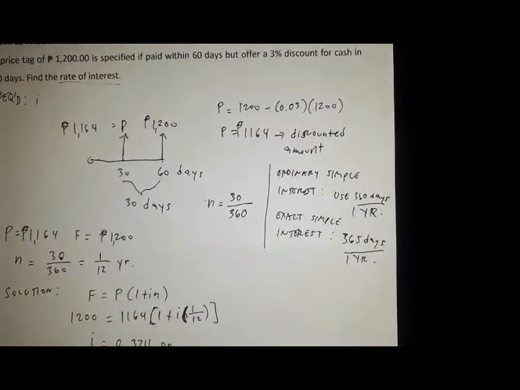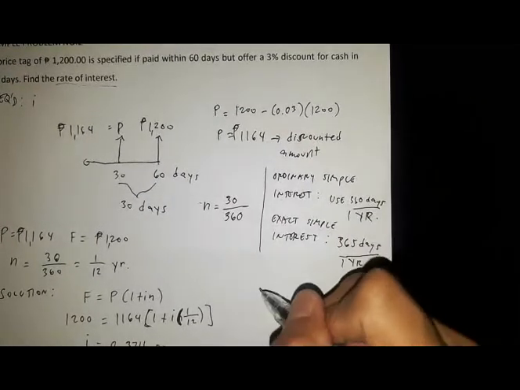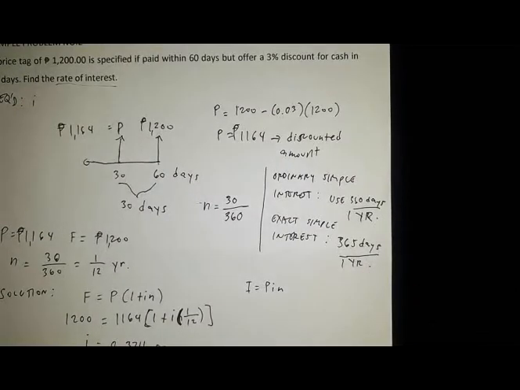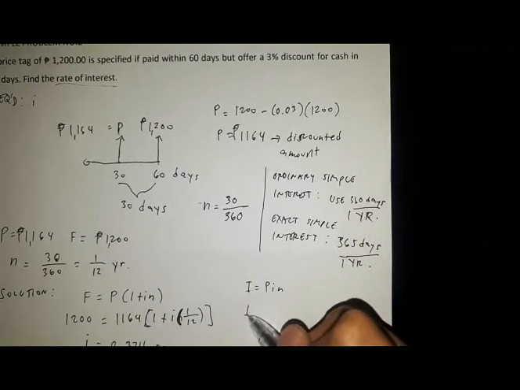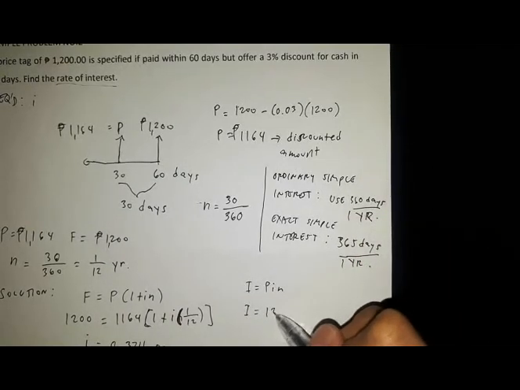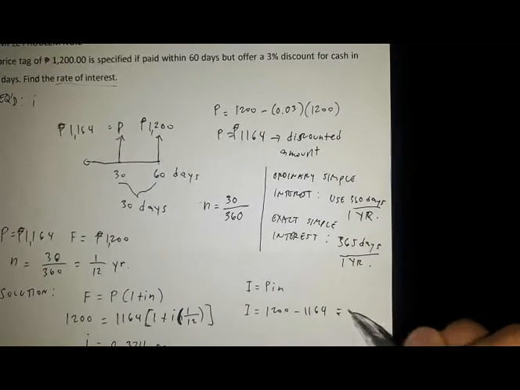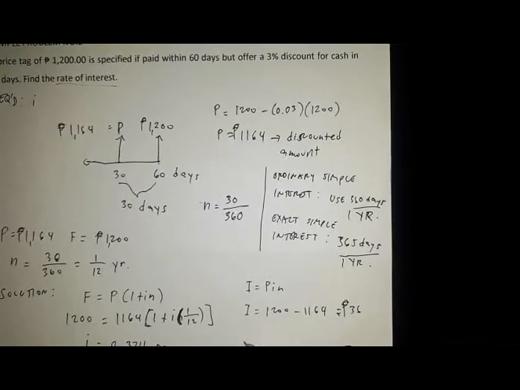We can also use the formula I equals P i n, where your I here is your discount. I is 1,200 minus 1,164, equal to 36 pesos. So substituting, we have 36 equals P times i times n.